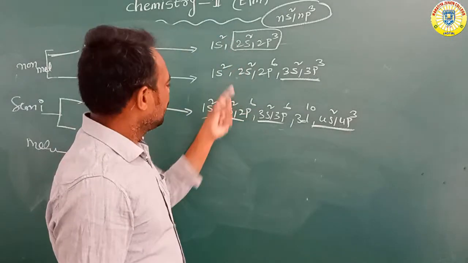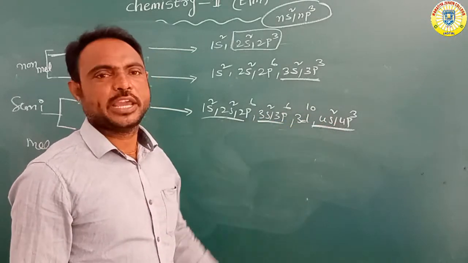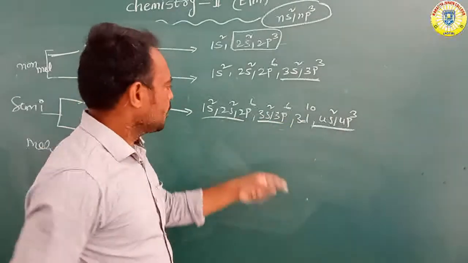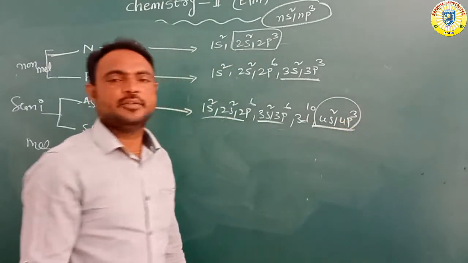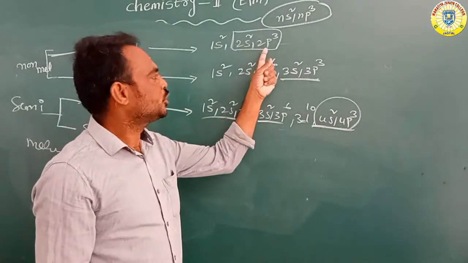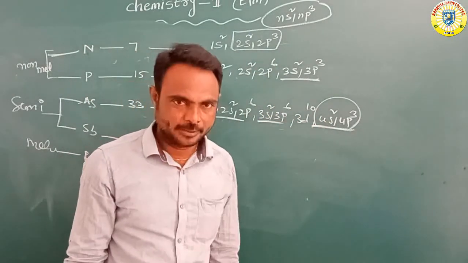So overall 10 plus 8 is 18, plus 10 is 28, plus 5 is 33. 4s2, 4p3 is the outer shell.